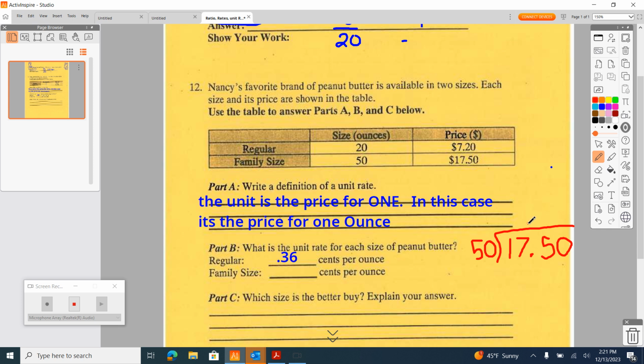I'm going to ignore that decimal. It does divide into 175. And I'm going to count on my fingers. I'm going to count 50, 100, 150. If I go to 200, that's 4 fingers. 200 is too big, so I'm going to go back to what I said, 50, 100, 150. That's 3 fingers. That's what I'm going to guess and check. And I'm going to use the 3, and then I'm going to multiply. 3 times 50 is 150.